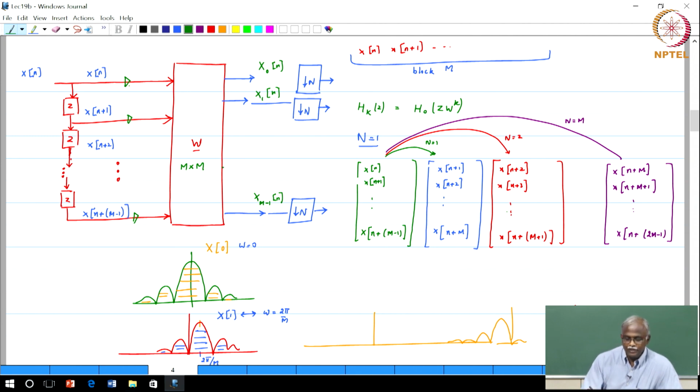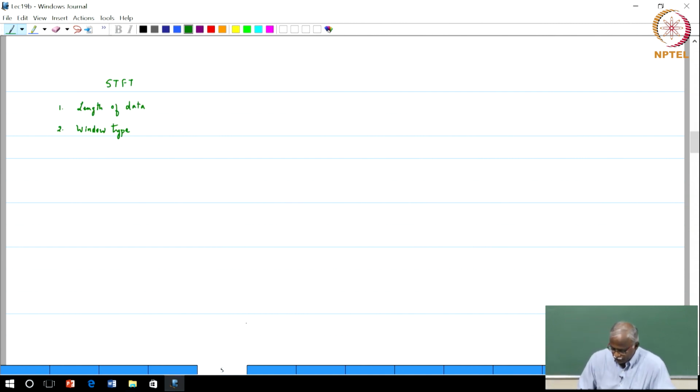So, with these multipliers, let us call them W0 to Wm minus 1, that is your windowing coefficients, then you get the short time Fourier transform. Otherwise what you are doing is just block Fourier transform processing, right. So, good, always feel free to ask a question. So, that is the short time Fourier transform.